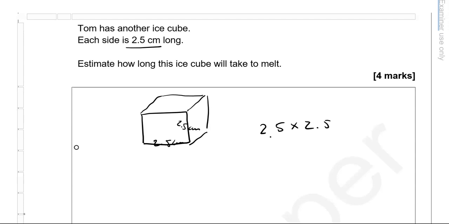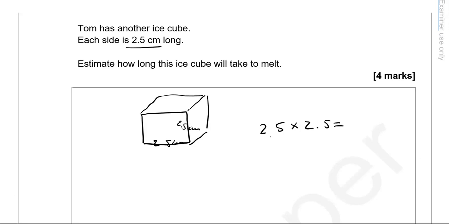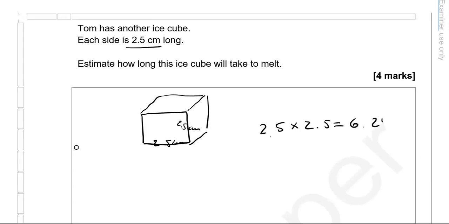And there are 6 faces which are identical. 6.25, so 6 times 6.25 equals 37.5 centimeters squared. So that's the surface area.